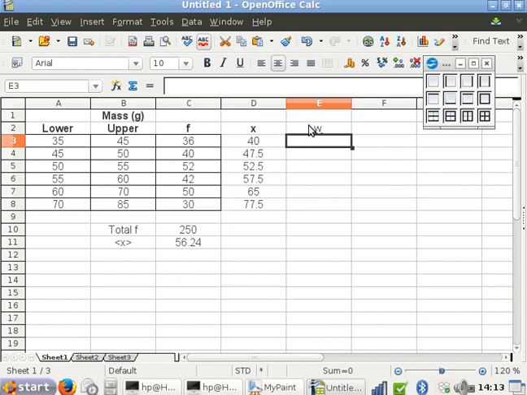Now, we have to work out the width. So that is the upper minus the lower. So they're all the class widths there. And now we can work out the height, which is the frequency divided by the width.